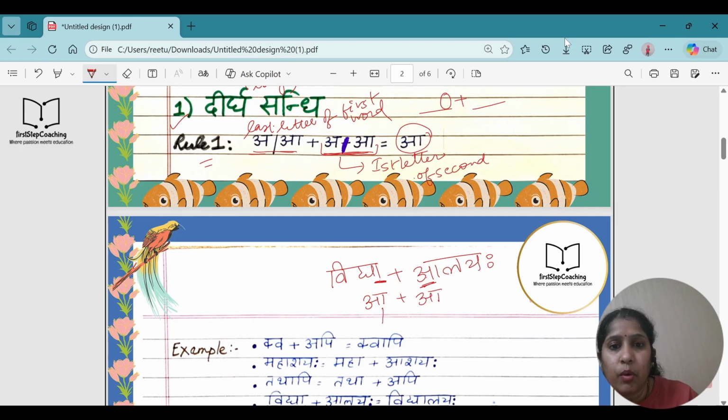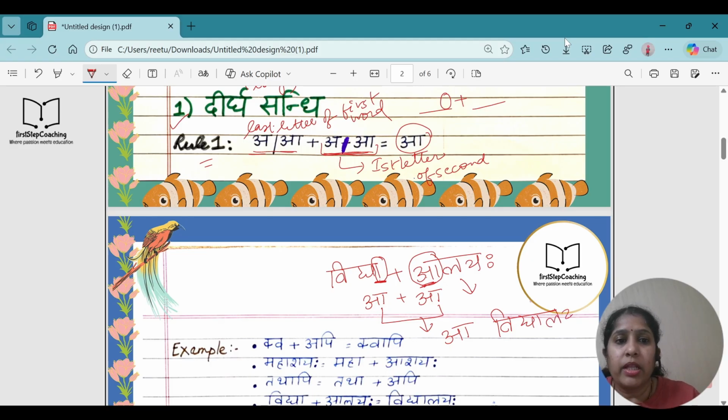When they join, they will make a long ā. So when you join Vidya and Alaya, you get Vidyalaya. The first word is only joined with the ā matra, and the second one gets destroyed. We don't need that when we are joining it. So what happened? The a and a together made one ā.